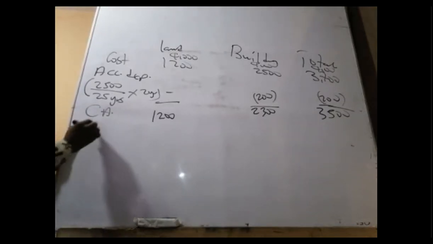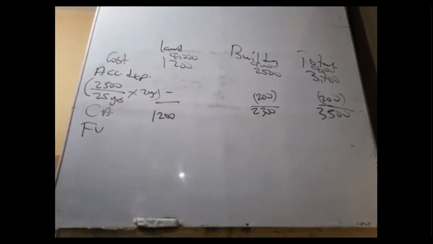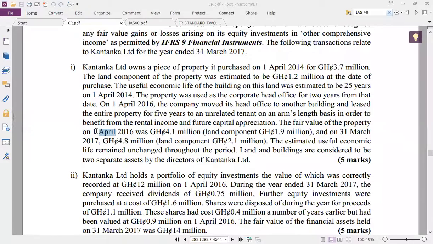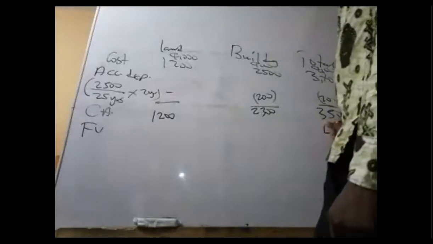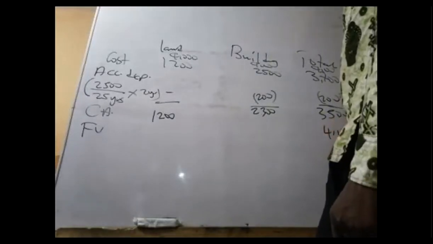What's the fair value at the date of transfer? Let's go to the question. The fair value of the property on April 1st, 2016 was 4.1 million. The land is 1.9. So the entire fair value is 4,100.